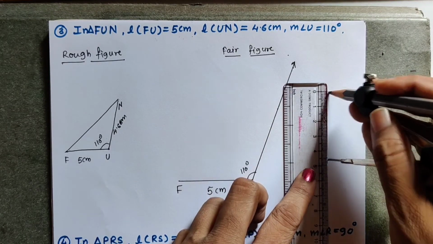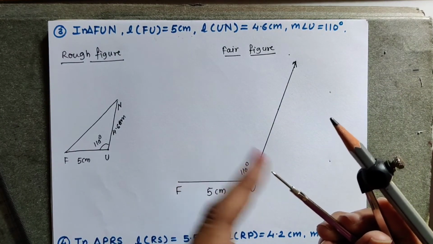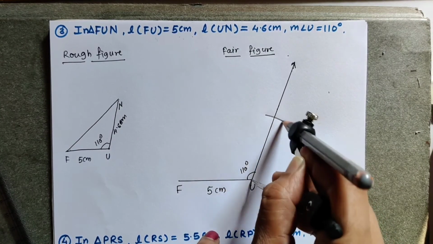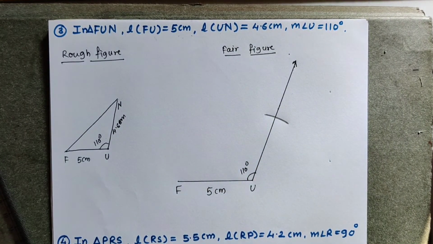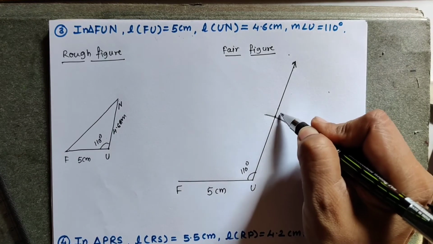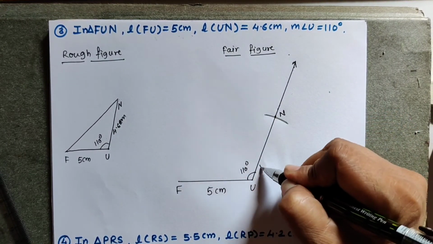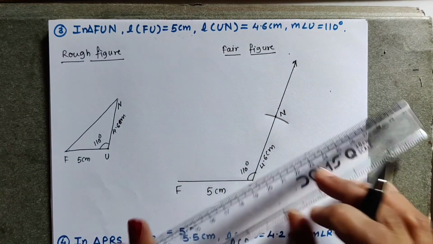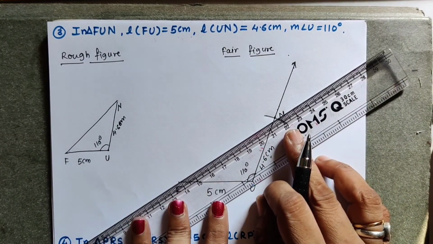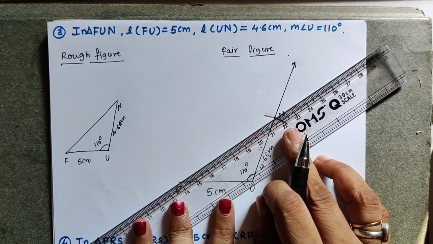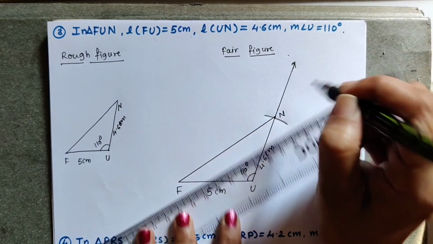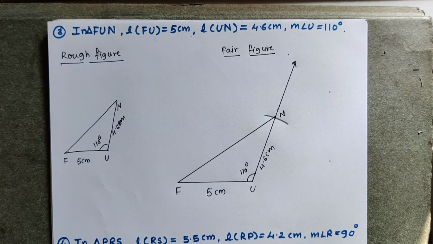So taking the radius of 4.6 centimeter, placing our pointer on point U, I have to draw an arc on this ray so that we can get point N here. This is at 4.6 centimeter from U. Now we can join point F and point N to complete the construction of this triangle. So in this way you can complete the construction of triangle FUN.